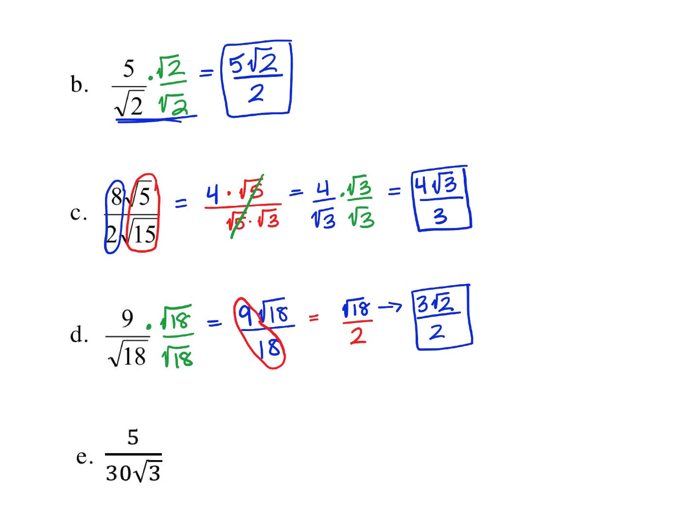Okay, for this last one, we're going to simplify before we do anything. So you have a 5 over a 30. So the bigger number's on bottom, so when we divide by 5, we have a 1 on top, 6 on bottom, and a root 3. So now when we're rationalizing the denominator, we are only going to multiply by the root 3. We don't have to multiply by 6 root 3. So you're going to multiply by root 3 on top, root 3 on bottom.